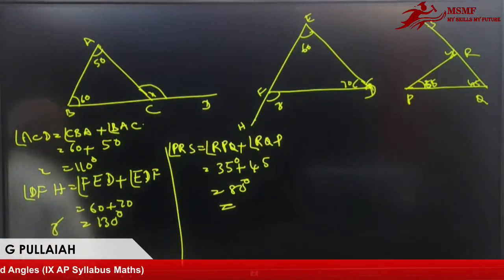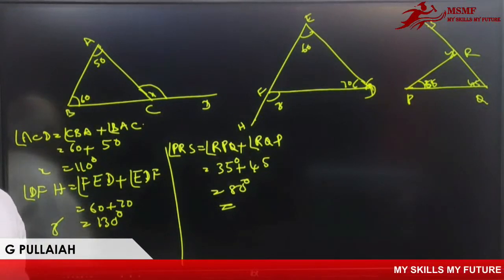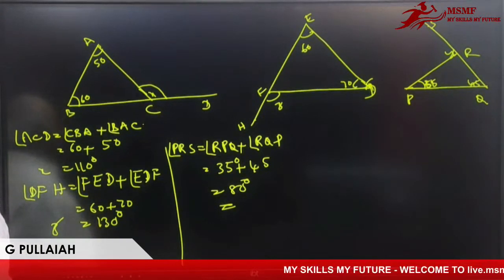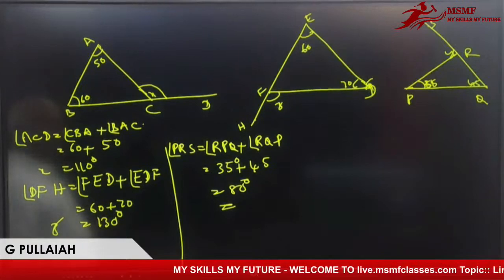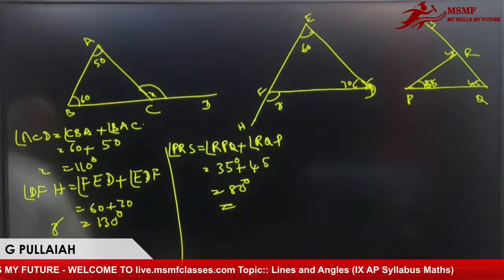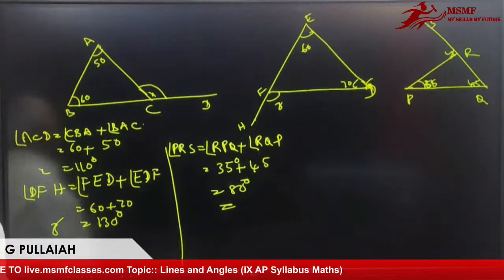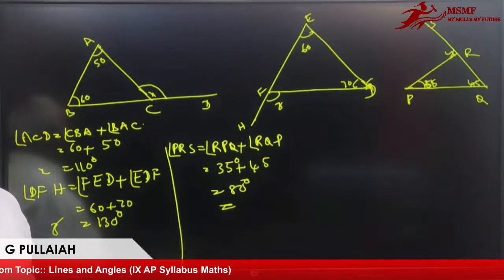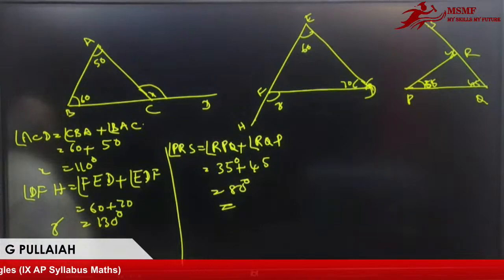So think very carefully. All these problems are simply based on the exterior angle of a triangle, and this exterior angle must be formed by producing one side of a triangle. Clear? Yes. Any further doubts you can chat.